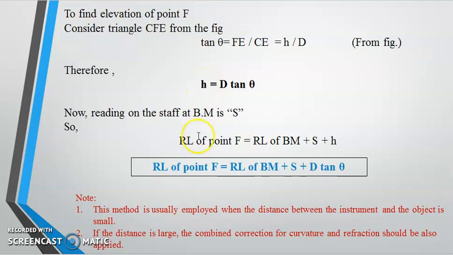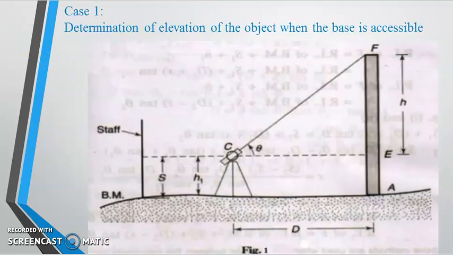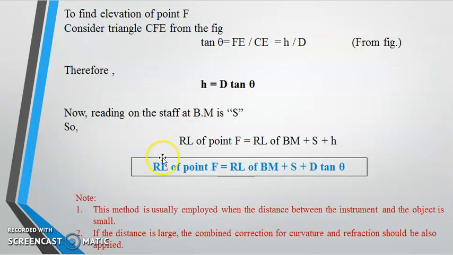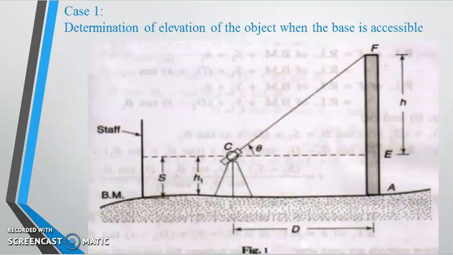Now the reading on the staff at benchmark is capital S. This is assumed. So the reading on the staff, that is the backside, is S. So RL of point F will be equal to RL of BM plus S plus H. I will show this in the diagram. So pay attention. RL of point F, we need to calculate this.